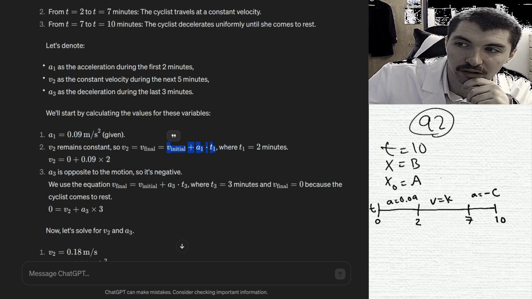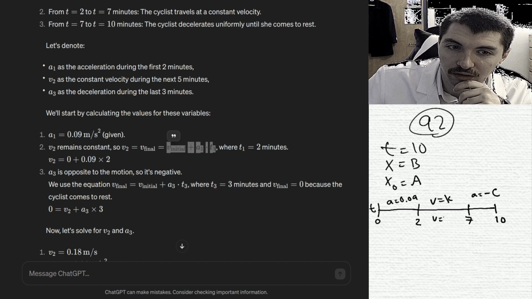Okay, so it's saying this is 0.18 using V equals A. No, initial velocity.